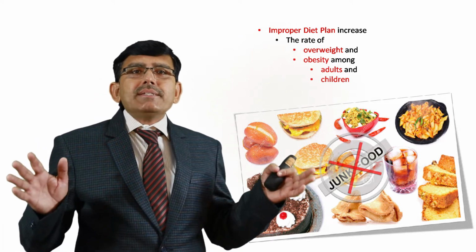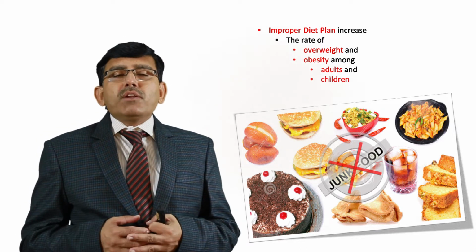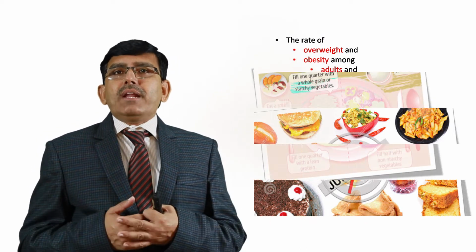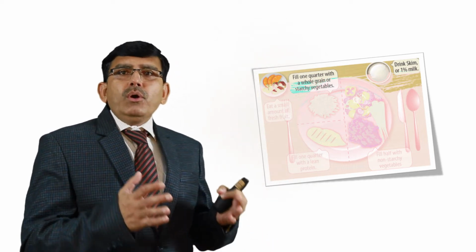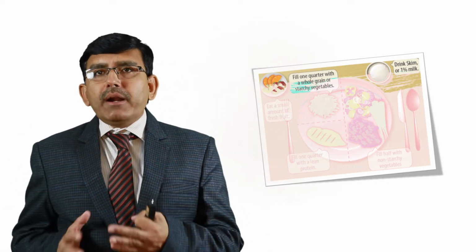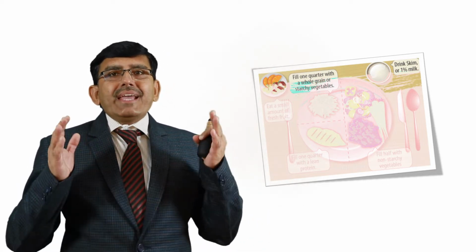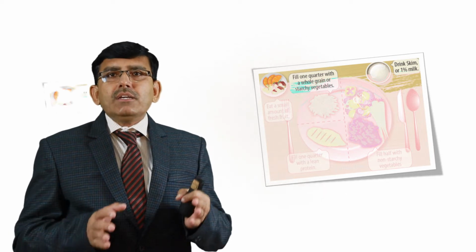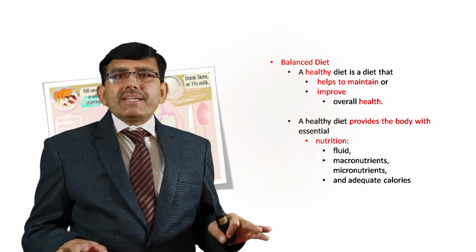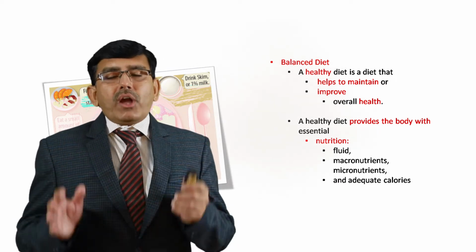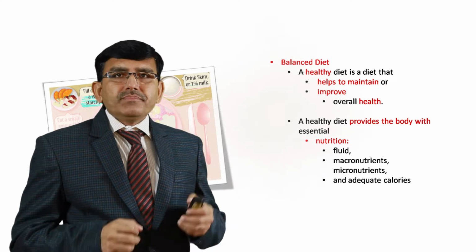If it is a balanced diet, then it will be a healthy diet for us. It helps to maintain or improve the overall health of the body. A healthy diet provides the body with essential nutrition, fluid, macronutrients, micronutrients and adequate calories required for the body to work.